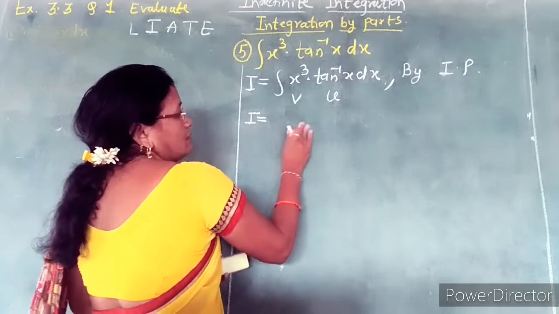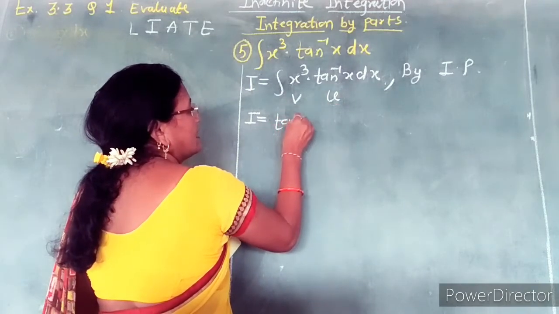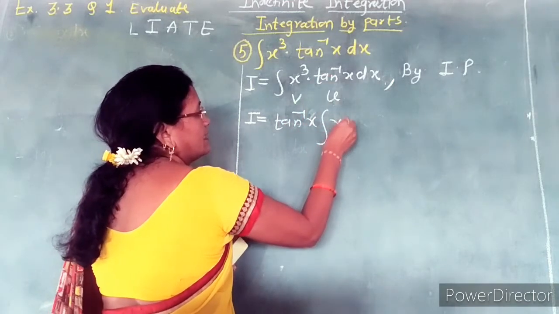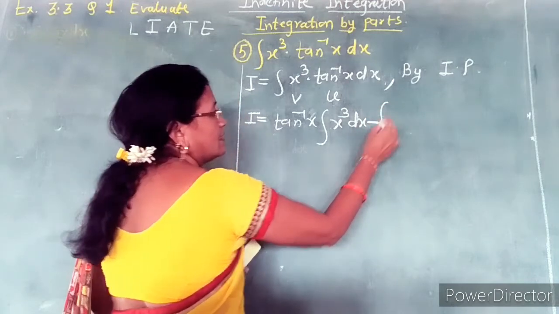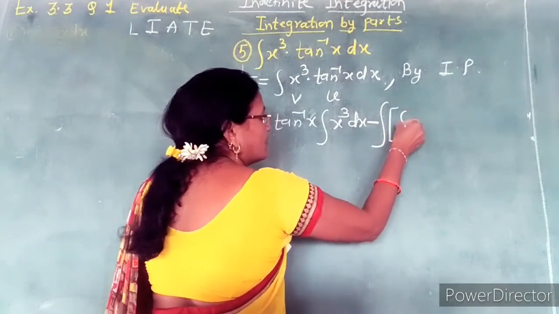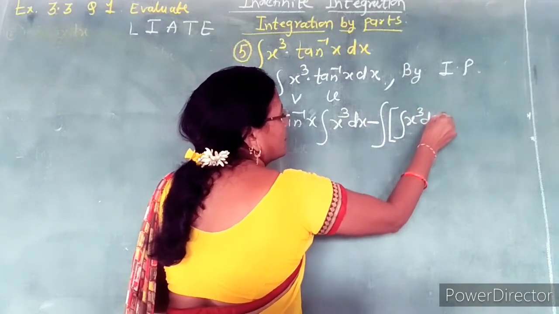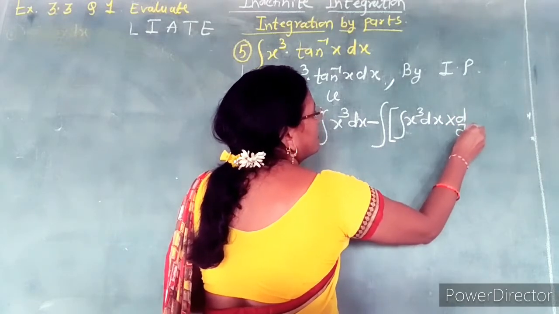So we write that result: u, meaning tan inverse x, times the integral of v, that is the integral of x cube with respect to x, minus the outer integral, again the inner integral of the same function, that is x cube with respect to x, or integral of v dx, multiplying the derivative of u.